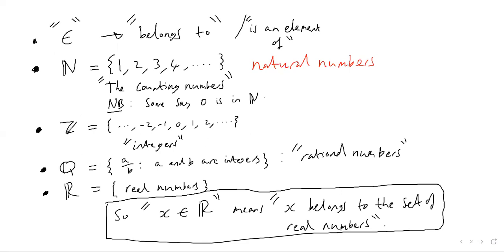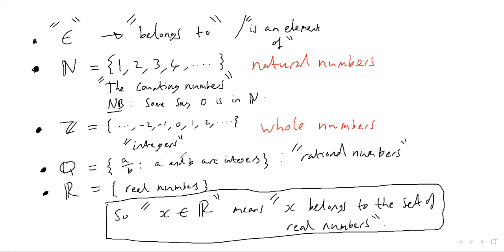This Z, with the double line there, is the set of integers. The integers just means whole numbers, so any whole number would be in that Z set. You've also got this Q set, which is the set of rational numbers. Essentially, the set of numbers that you can write as a simplified fraction.